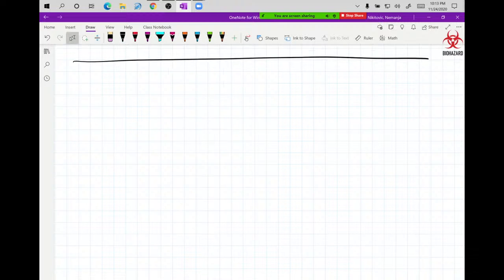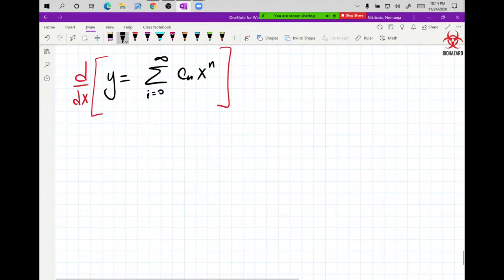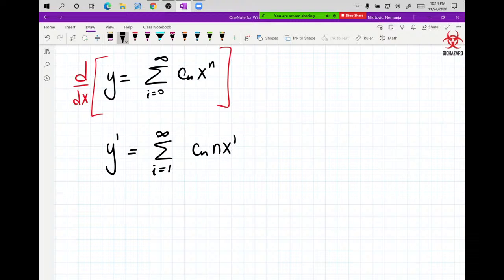When you have a power series, let's say y equals f of x, equals the summation from 0 to infinity of c_n x to the n, and you take the derivative of that, what you get is y prime equals the summation, i starts at 1, and you got your c_n n x to the n minus 1.